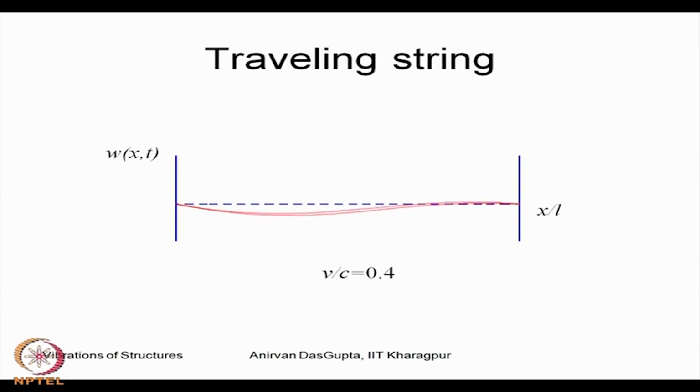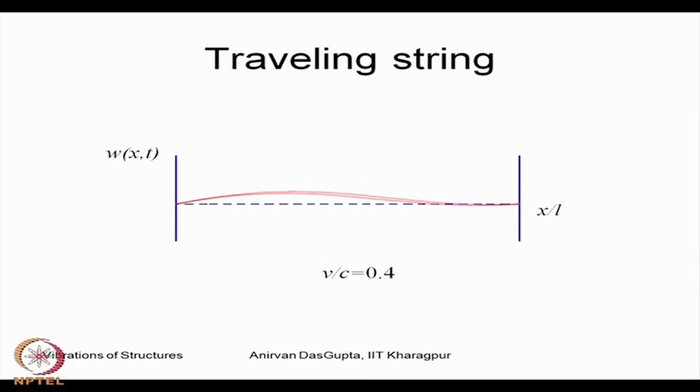So, you can see that the characteristics of the modal solution that we have all discussed in the previous lectures are not there. For example, all points of the string do not pass through the equilibrium point at the same time.